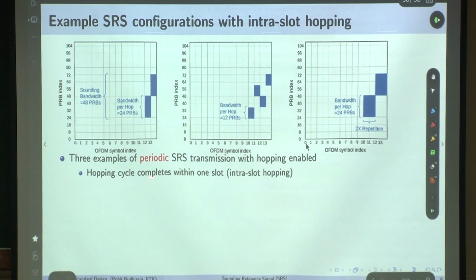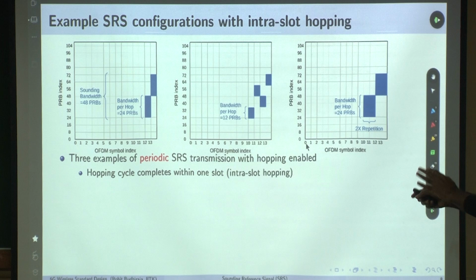Now its hopping cycle is such that it is intra-slot hopping. You look at all 3 examples. How this is configured will come later, but here the hopping is happening within the slot.